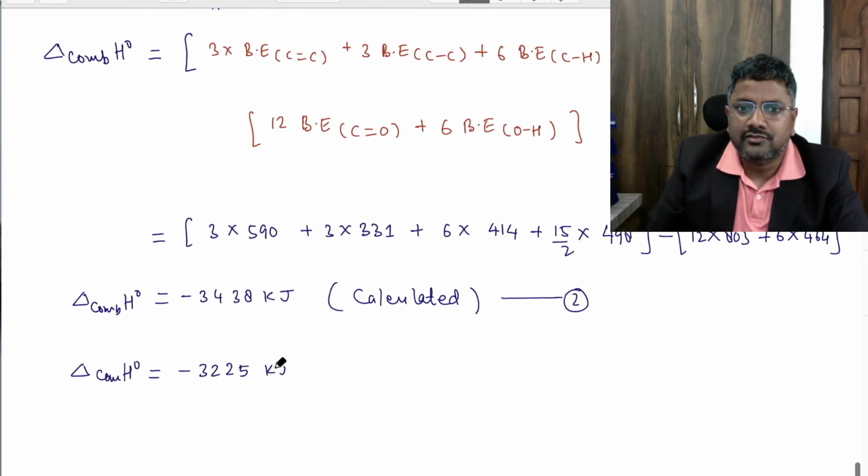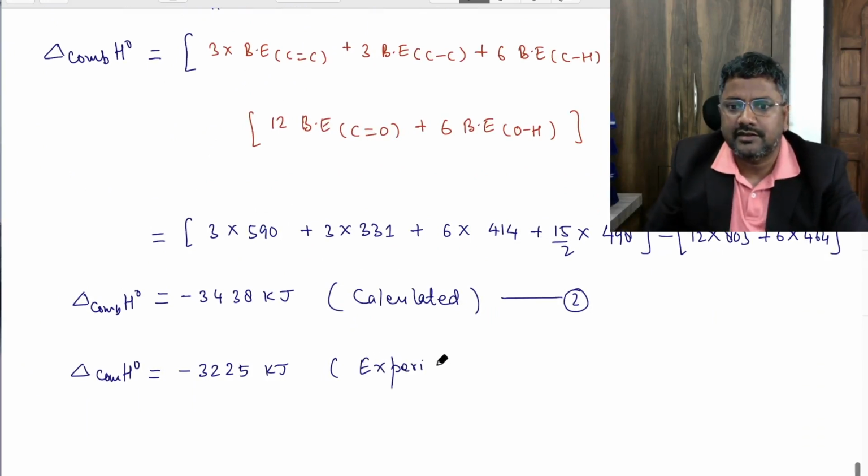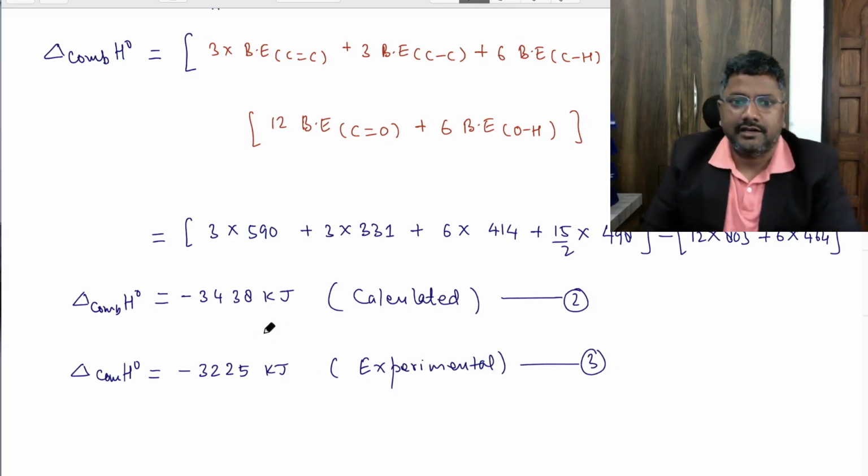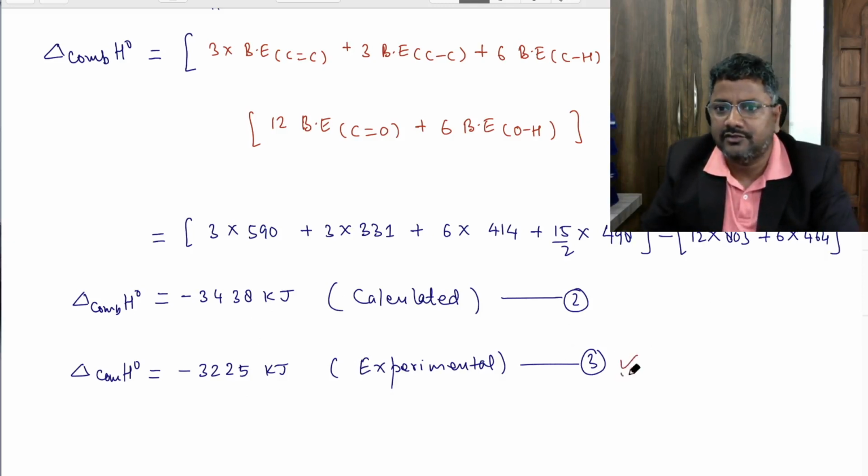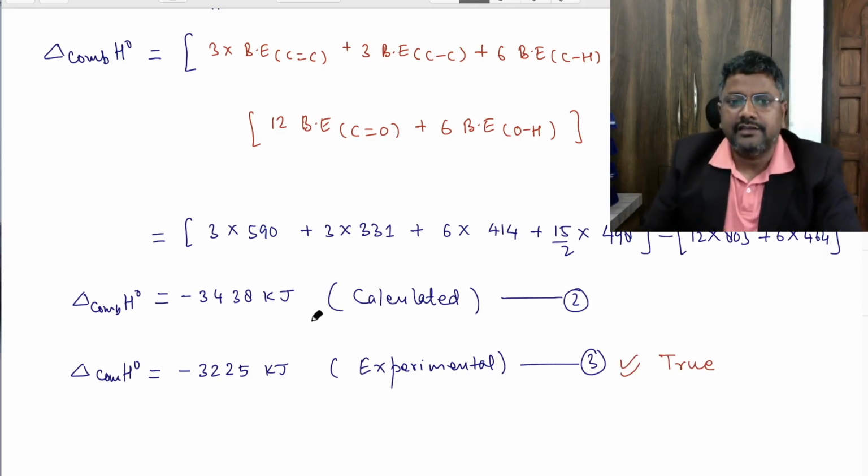This is experimental. Right, so which value are you going to consider the actual value, this or this? Obviously, the experimental value is the true value.